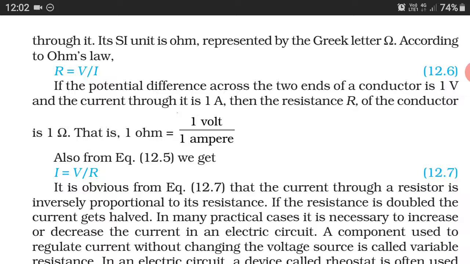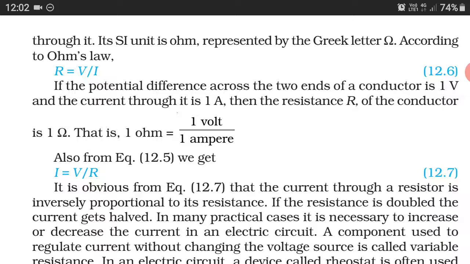Now, what is the symbolic representation of this? What is the SI unit? Let us discuss. As we said, R equals V upon I. This is named to respect Georg Simon Ohm. We have selected the unit of resistance by his name, that is ohm.